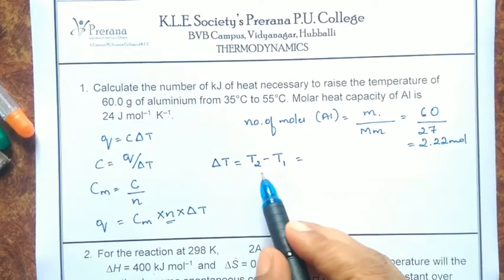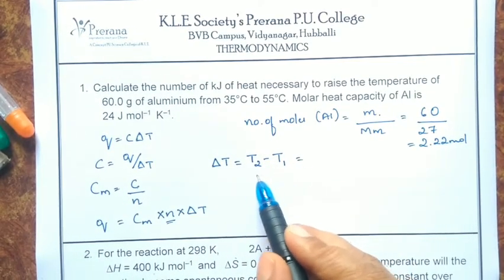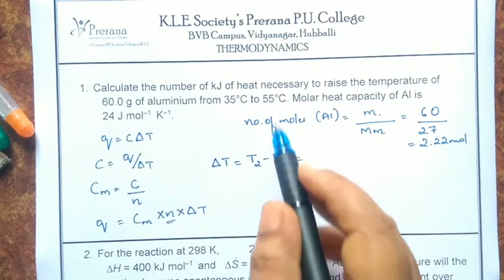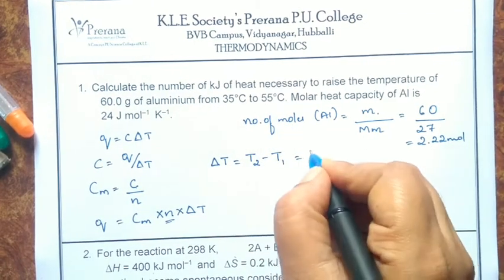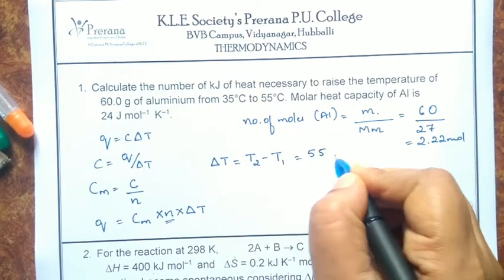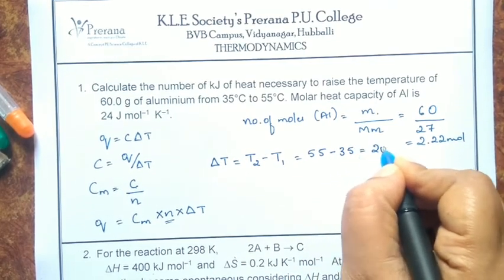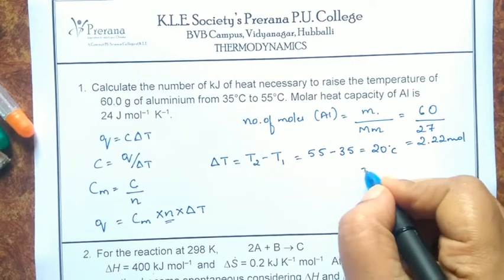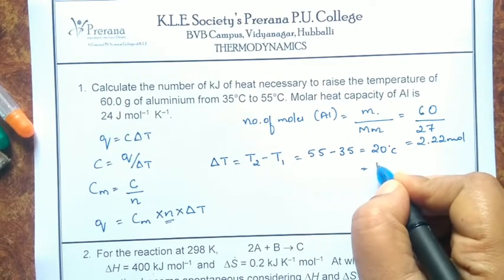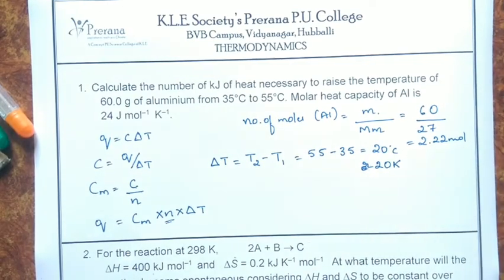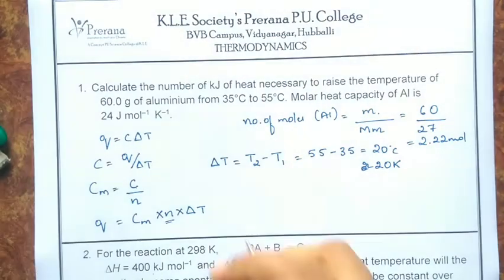In degrees Celsius or in Kelvin, the difference remains the same. No change in that. Clear? T2 is 55, I am taking 55 minus 35, and that is equal to 20 degrees Celsius. So the difference remains the same, whether it is 20 degrees Celsius or 20 Kelvin. Clear? Now substitute the values for Q.